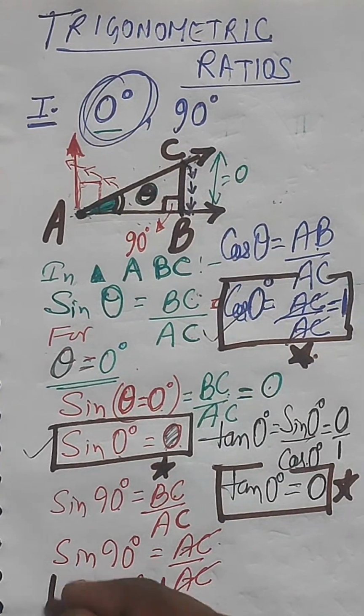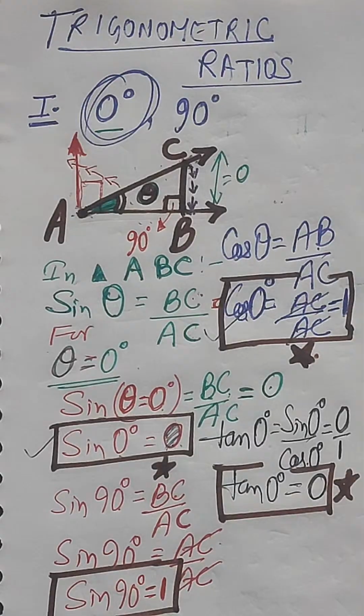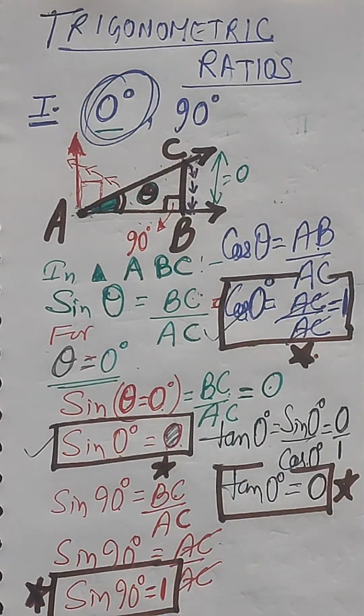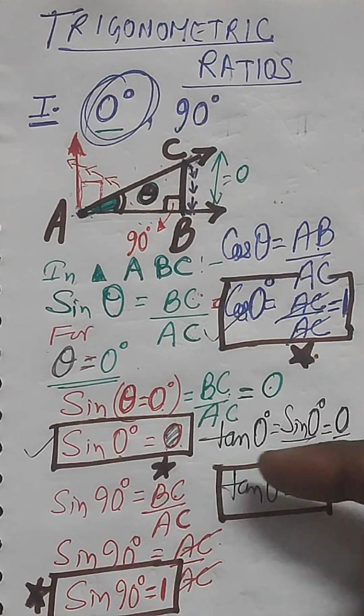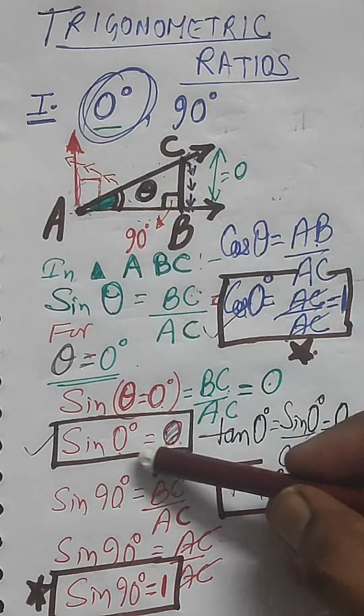So in this way we derive the value of sine 90 degree, which is 1.